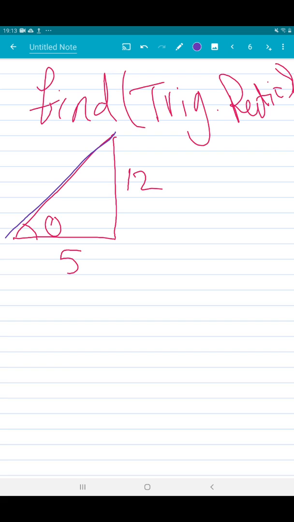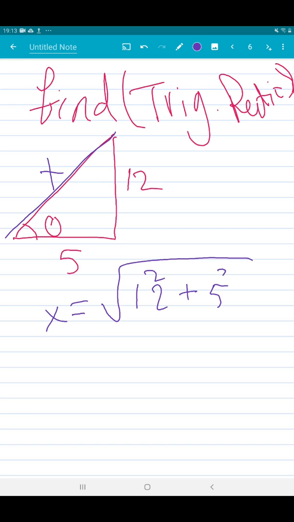The length of the hypo can be calculated using the Pythagoras theorem. Let the hypo equal x. So x equals the square root of 12 squared plus 5 squared. Go to your calculator.